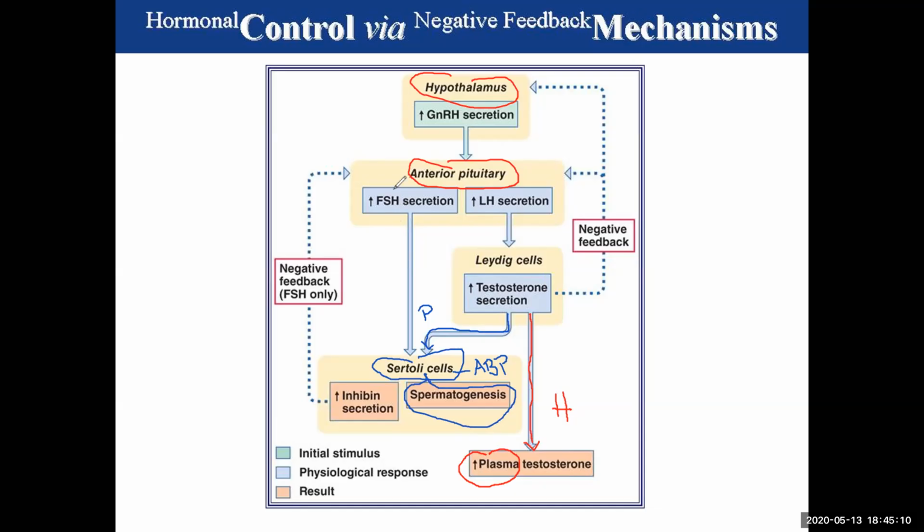So both FSH and testosterone induce spermatogenesis. So the more testosterone arrives, the process of spermatogenesis would be facilitated.